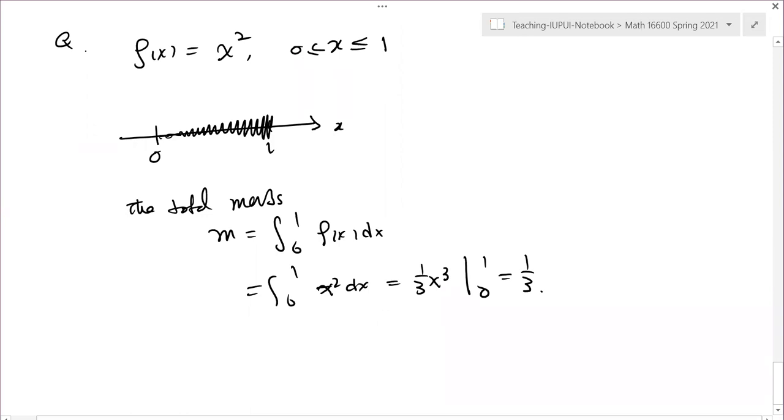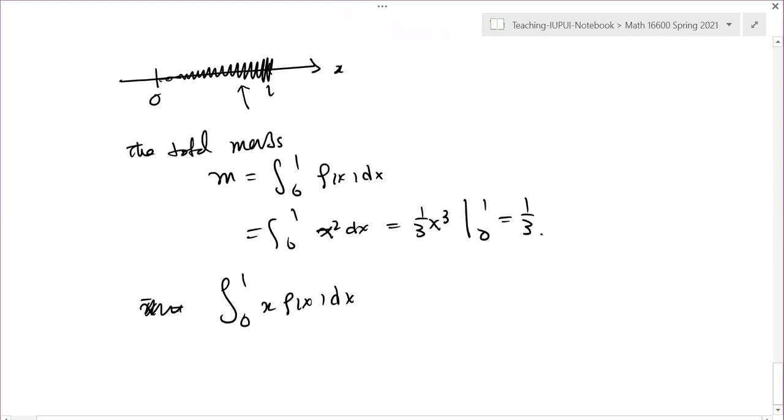All right, so can you guess where the center of mass is? I think it should be somewhere on the right-hand side, because it is heavier than the left-hand side. So x bar is going to be, I have to find another integral. The numerator is the integral from 0 to 1 of x times rho of x dx.